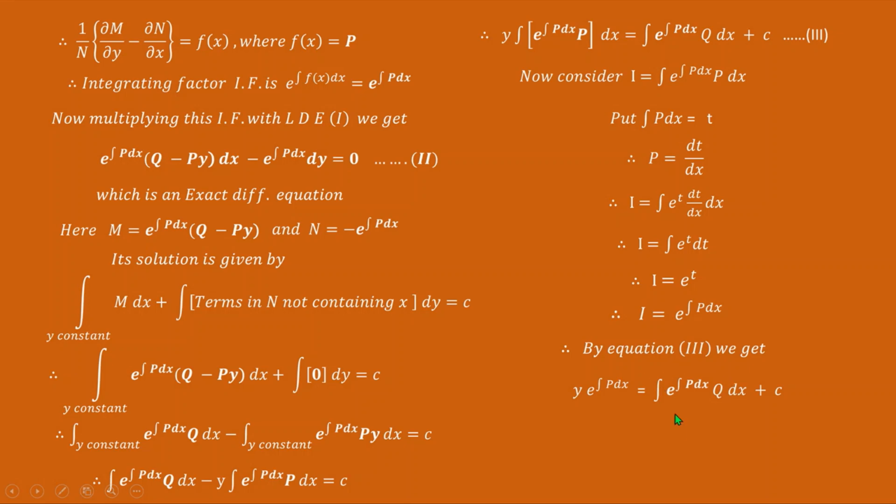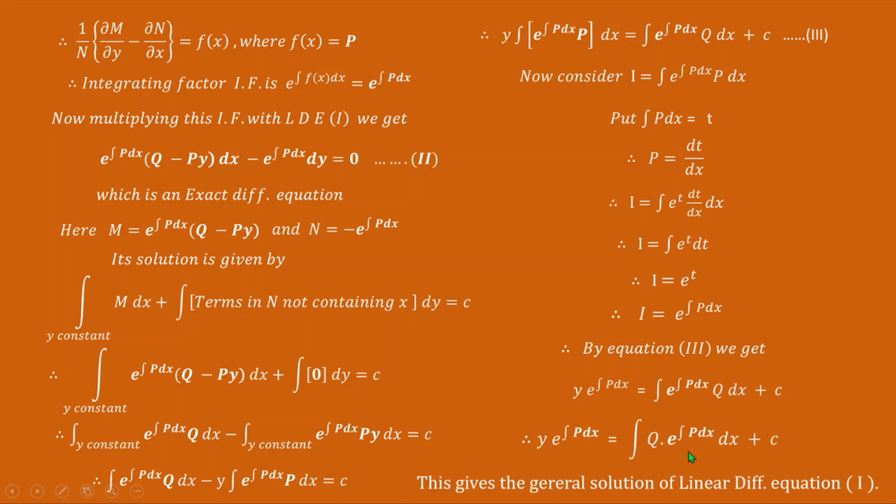We can write this integration as q into e raised to integration p dx, and so we get y e raised to integration p dx is equal to integration q e raised to integration p dx plus c. This formula gives the general solution of linear differential equation 1.